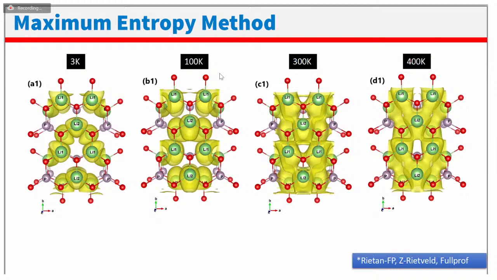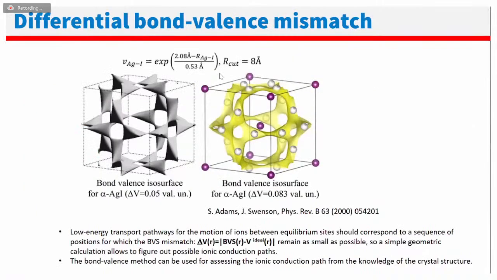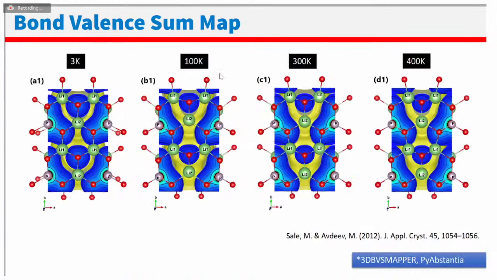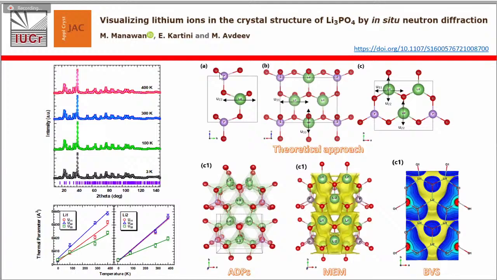The lithium here at 3K, 100, 300, 400, was done at ANSTO. So we can also study the bond valence mismatch. From this, we already made one publication.